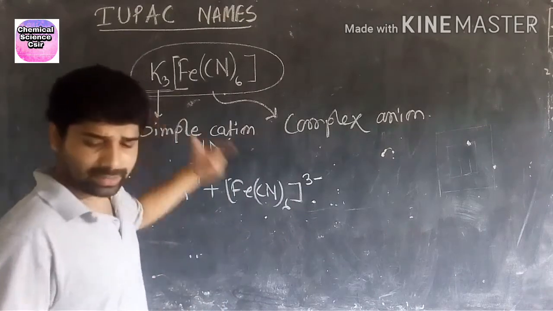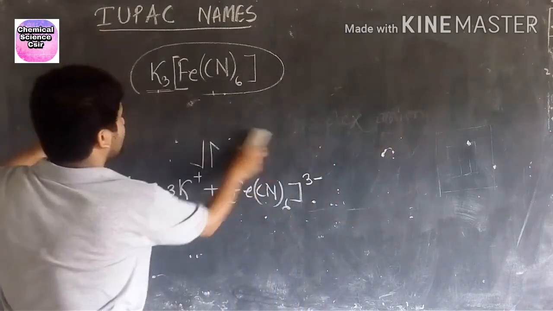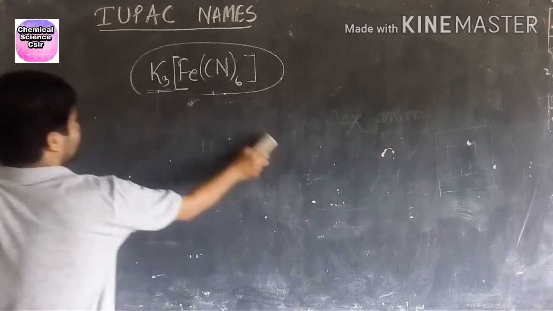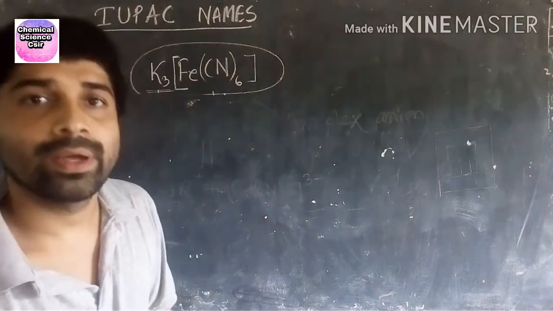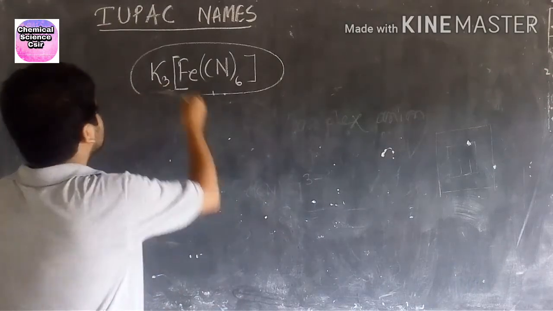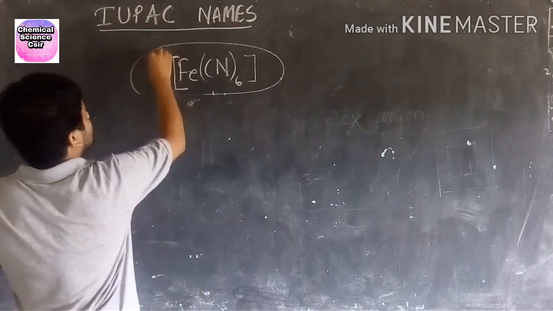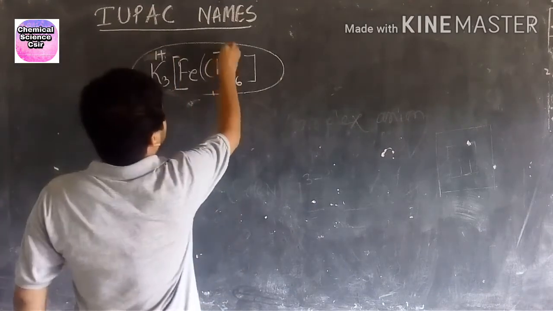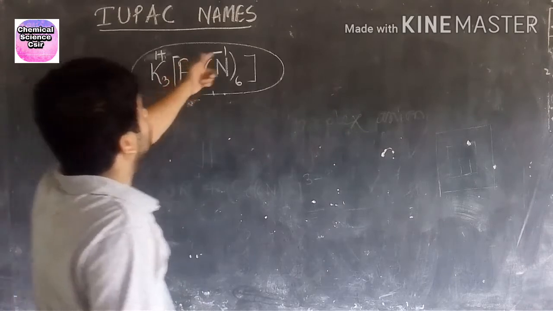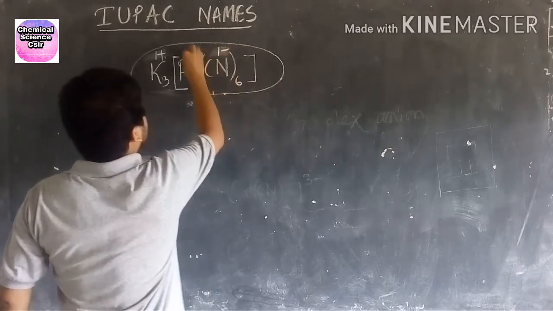Before going to the IUPAC name, I will discuss the oxidation number. You have to find it out. How to find it out, sir? See, this one is an alkali metal, +1, and this one is -1, and this one you don't know.